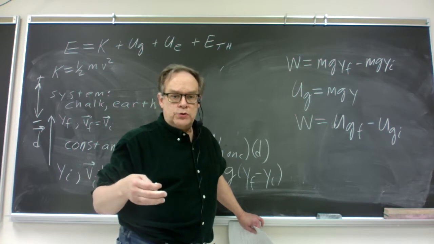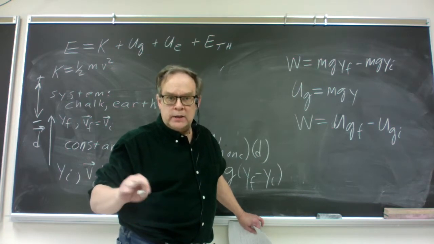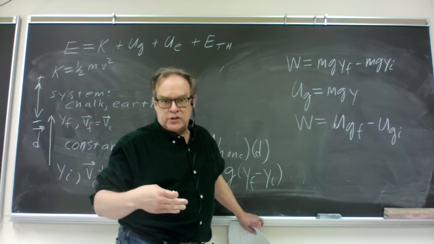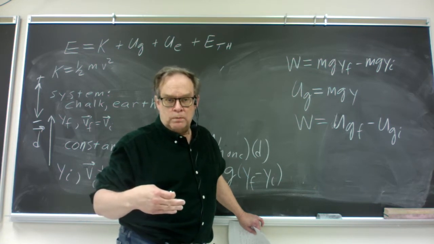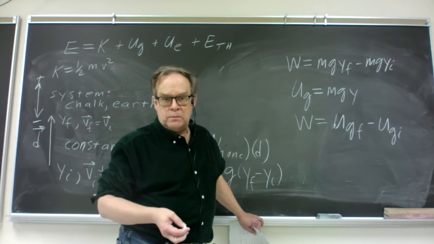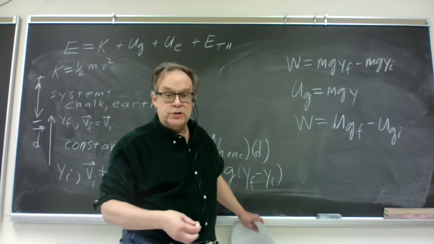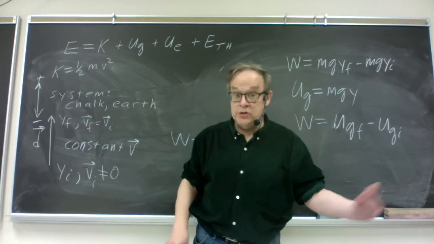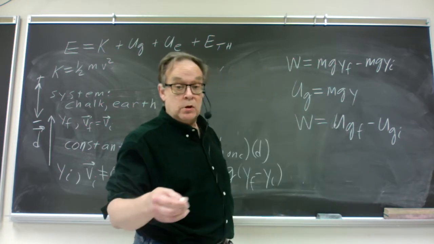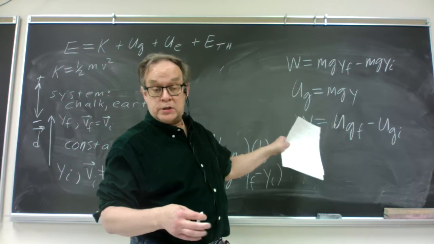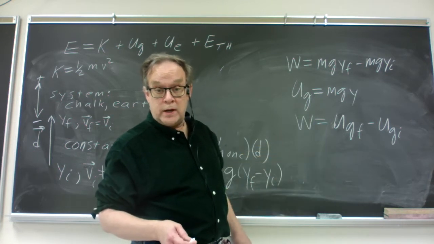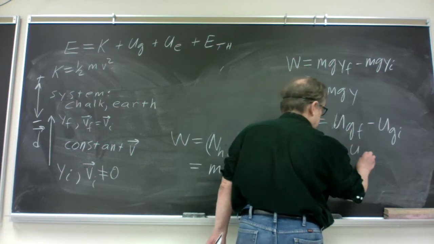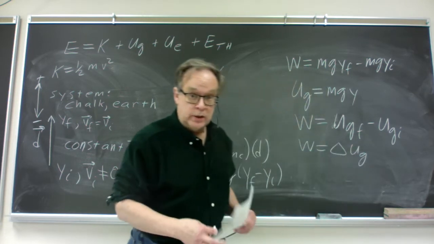We will always use the capital U to indicate some kind of potential energy. And there are different kinds of potential energy, so we'll use subscripts to distinguish one kind of potential energy from another. So U for potential energy, G for gravitational potential energy. Or to put this in the shortest, most concise way, the work done is just change in gravitational potential energy.